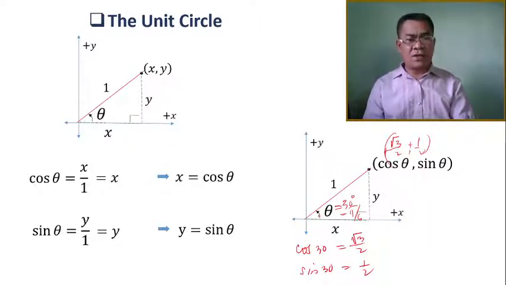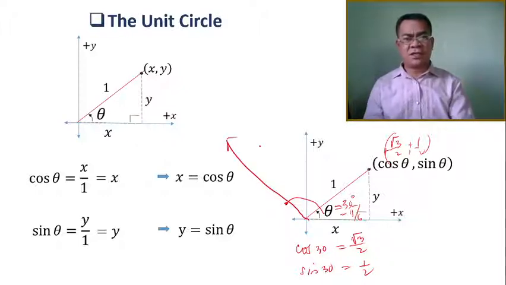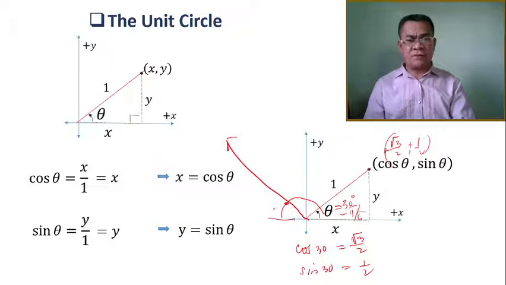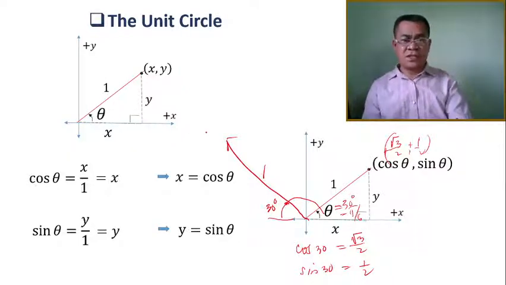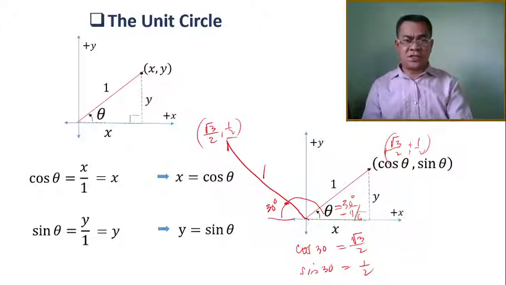Now, if your angle is between 90 to 180 degrees, so suppose this is the angle theta, then this must be the side. Now, if the reference angle is 30 degrees, then this must be 1, understood to be 1. Which means that the coordinate of this is square root of 3, which is the cosine, the first element of the coordinate, over 2, and we have 1/2. And take note, this is in the second quadrant, so x must be negative.